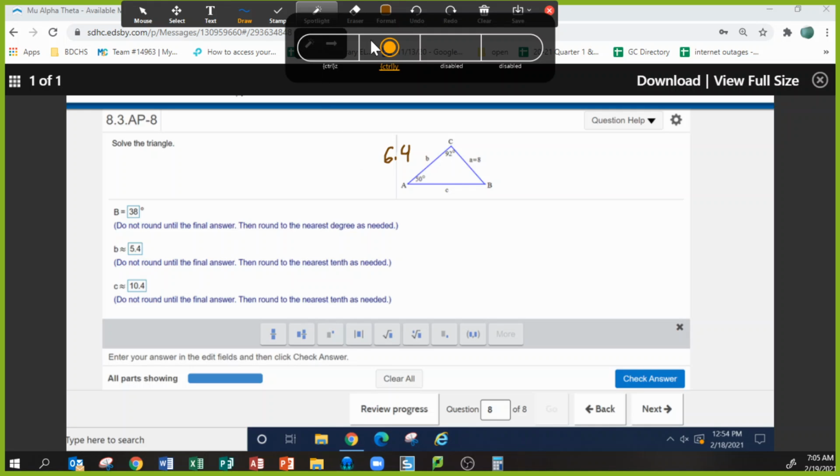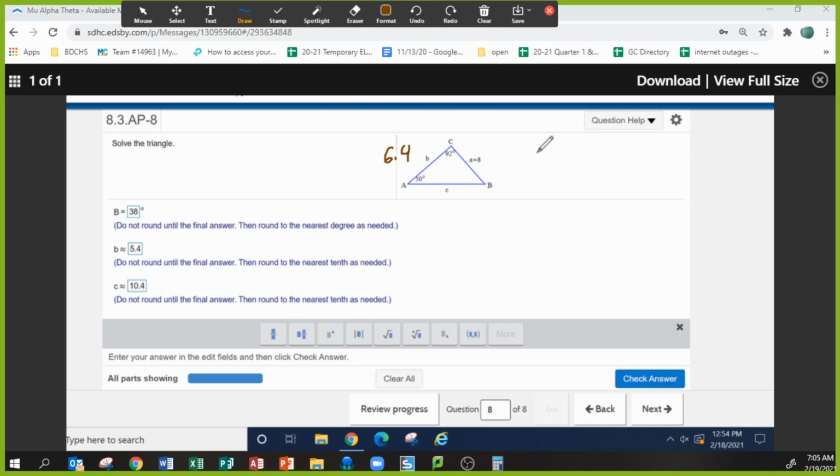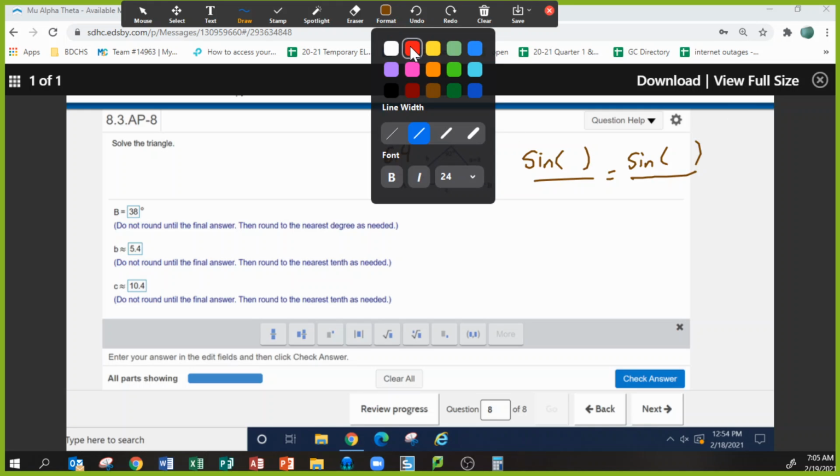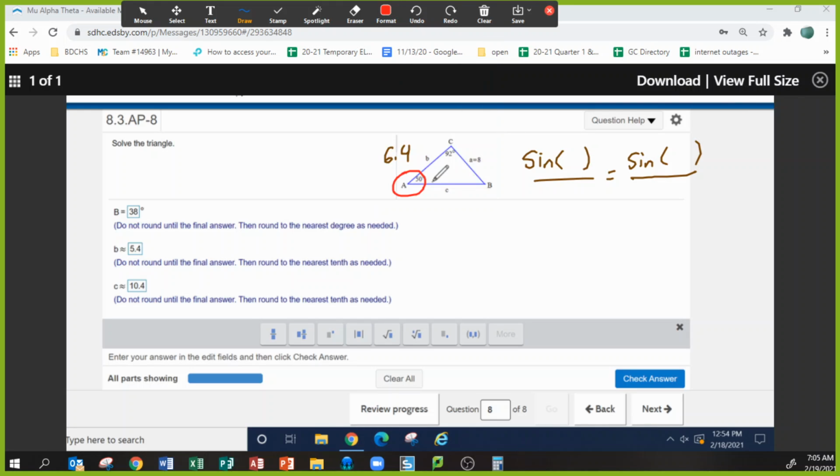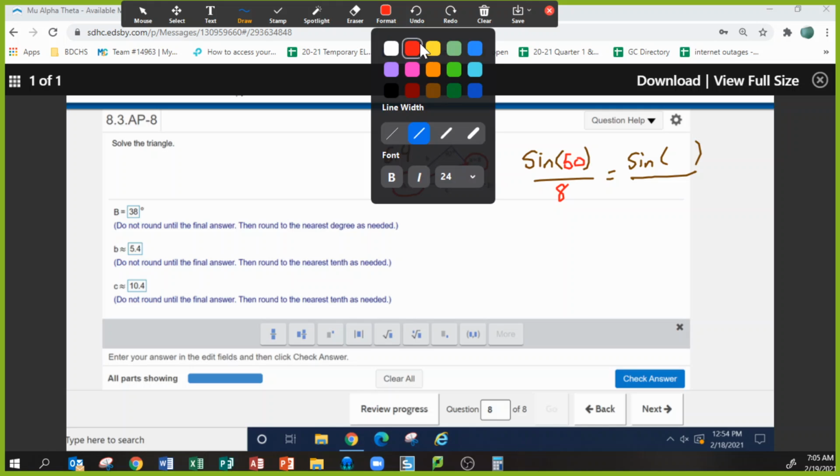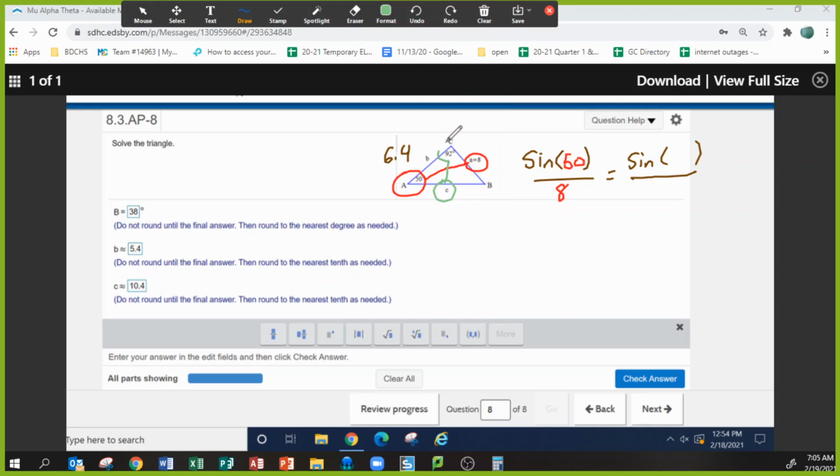This is 6.4. I'm going to go ahead and draw out my setup. And in my left-hand side, I'm going to do the same thing I did last time. Start with what I was given. This 50 degrees makes a side length of 8. And now I have my unknown and the angle that generated it. So these are going to go over here.